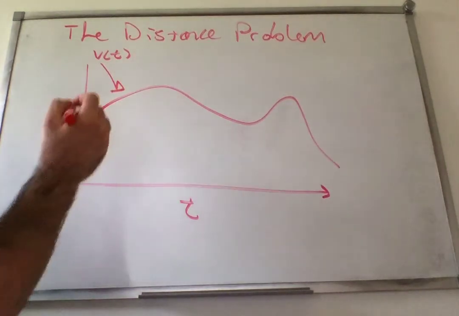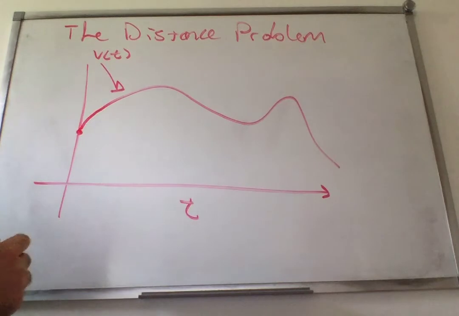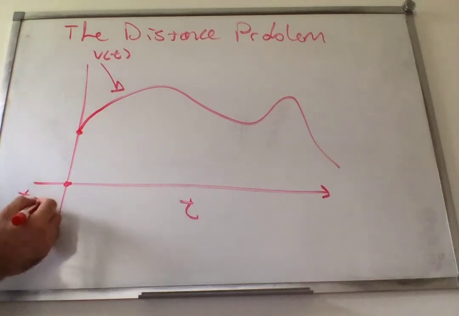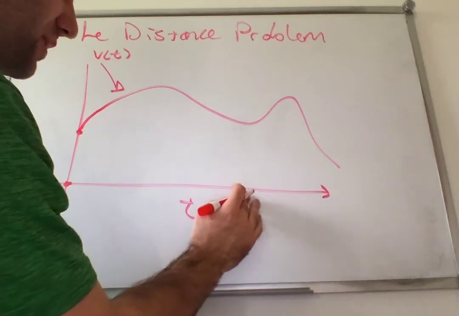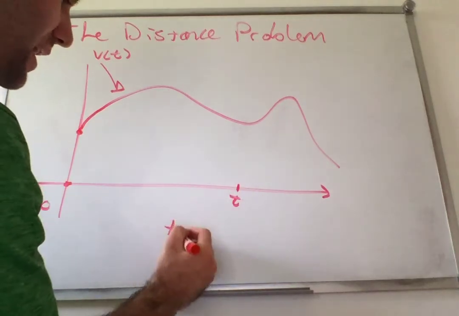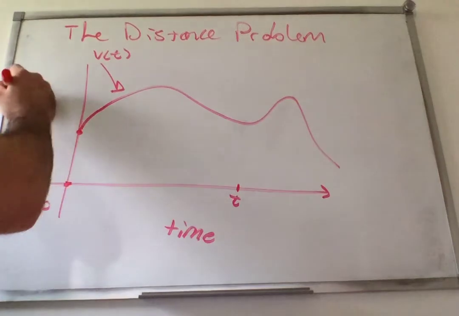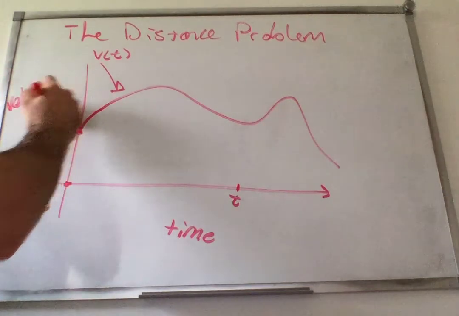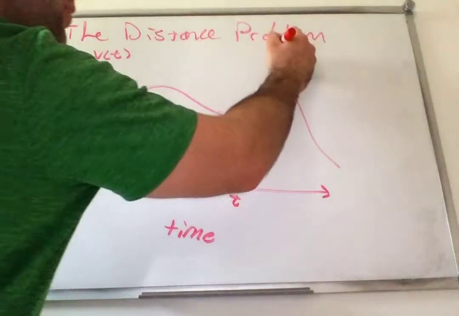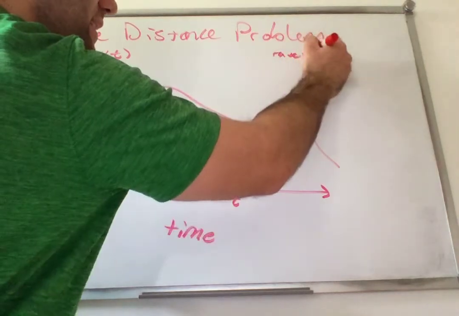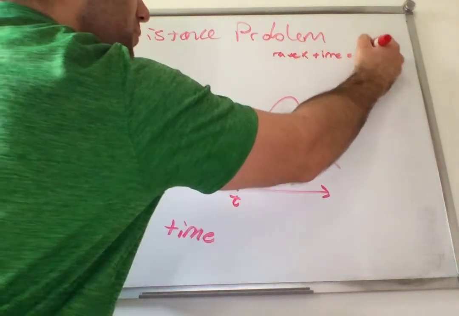Let's have it start right there. What is the distance traveled from here, t equal to 0, to over here, t equal to some t value. I'll label this time, and over here velocity. So we're just going to some t, okay? Now we saw that the rate or the velocity times the time equals the distance.